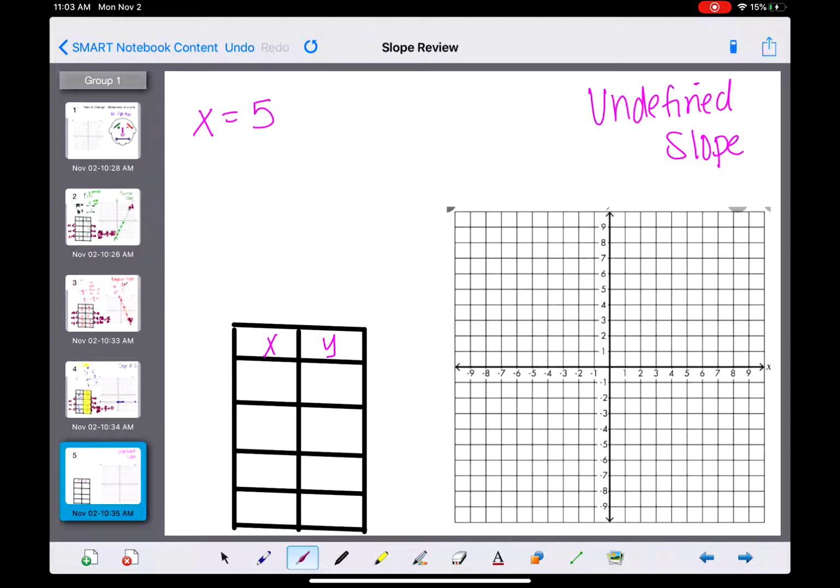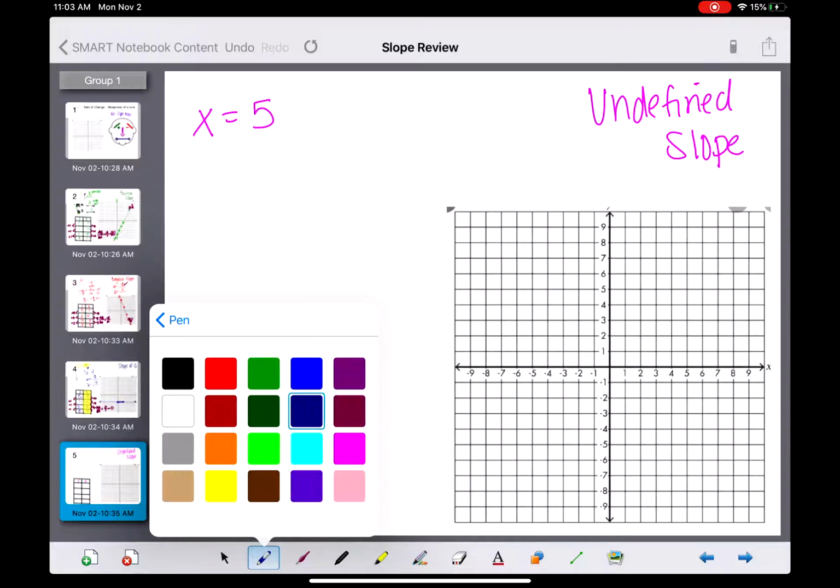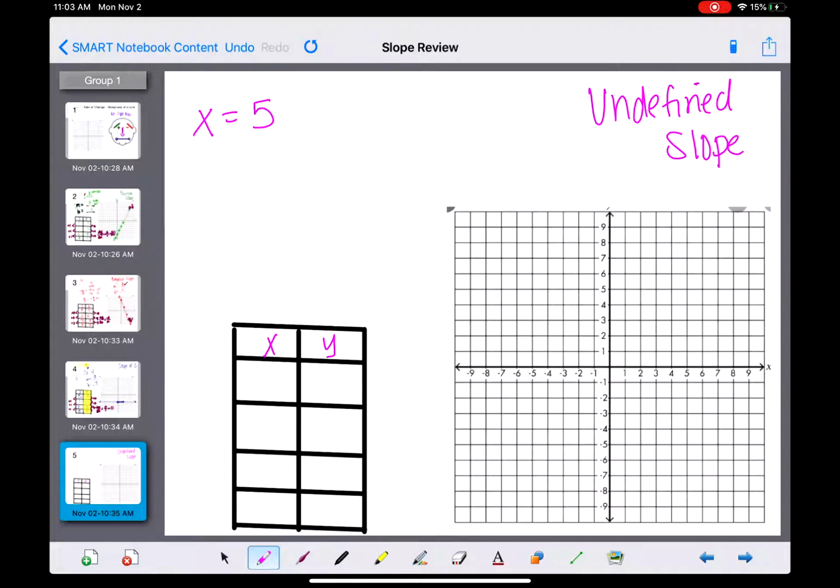Our last slope is undefined. This looks a bit different than all other lines that we have worked with, because instead of saying y equals mx plus b, we have x equals 5. That means we're looking at an x-intercept of 5, and an undefined slope is a vertical line.